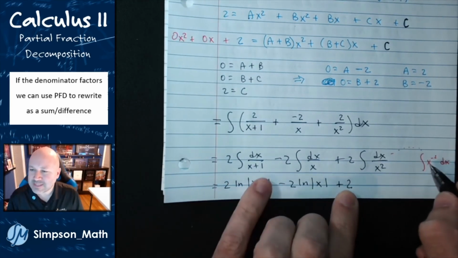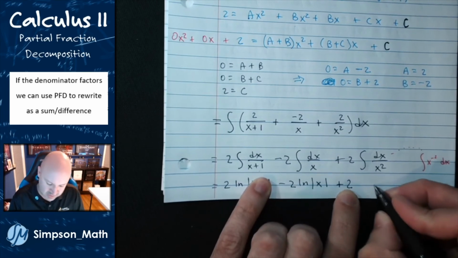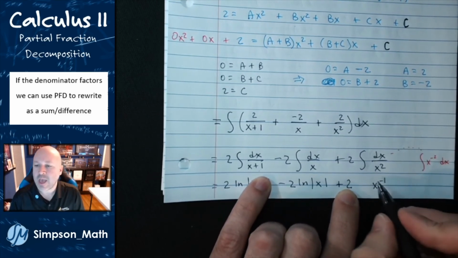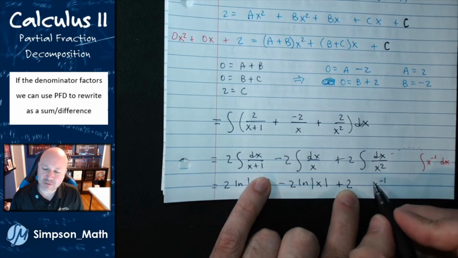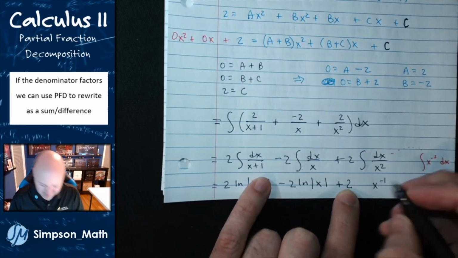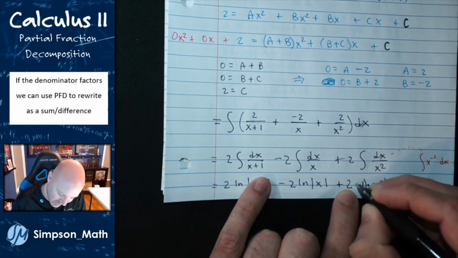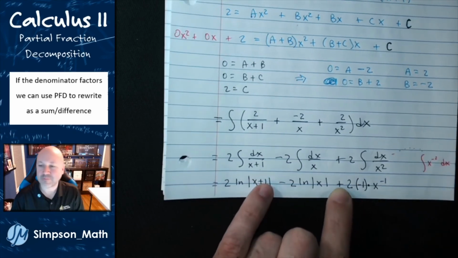The power is increased by 1, so it's going to go to the negative first power, and then you multiply out front by the reciprocal of that new power. So there's this negative 1 factor out front as well.